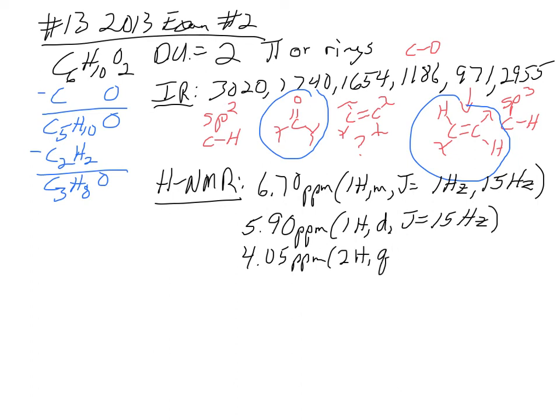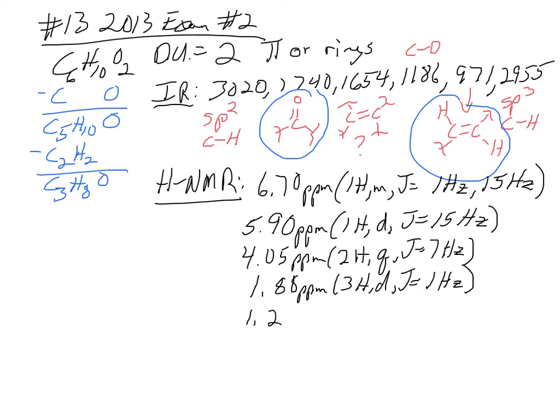It's a quartet, J equal to 7 hertz. 1.88 ppm, 3 H's, doublet, J equal to 1 hertz. 1.21 ppm, 3H, a triplet, and J equal to 7 hertz.